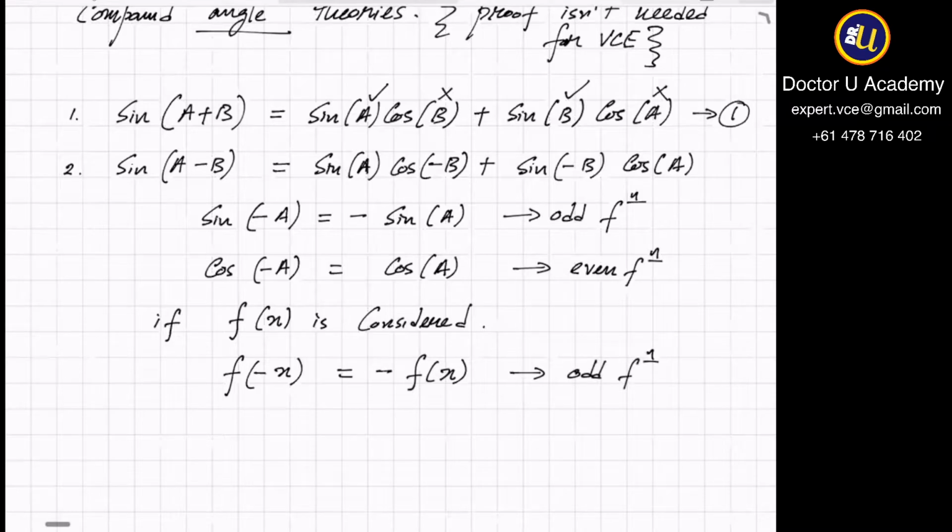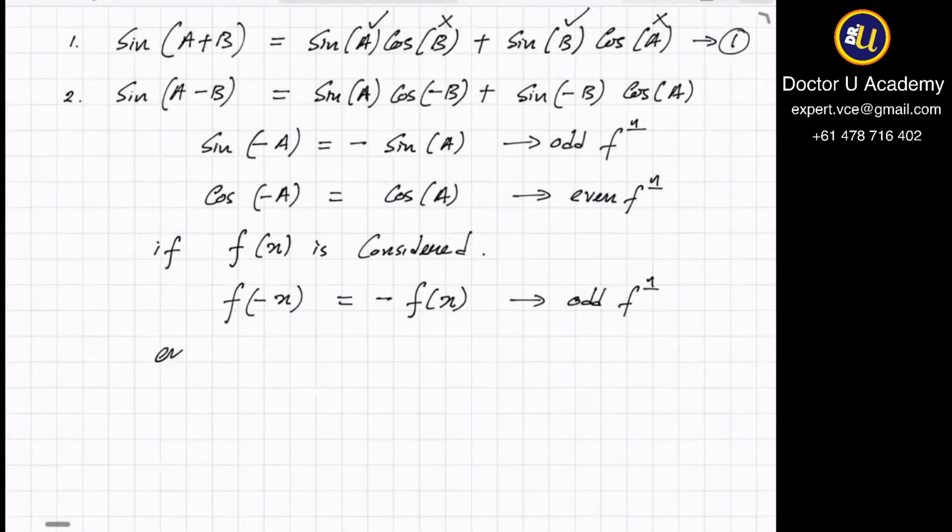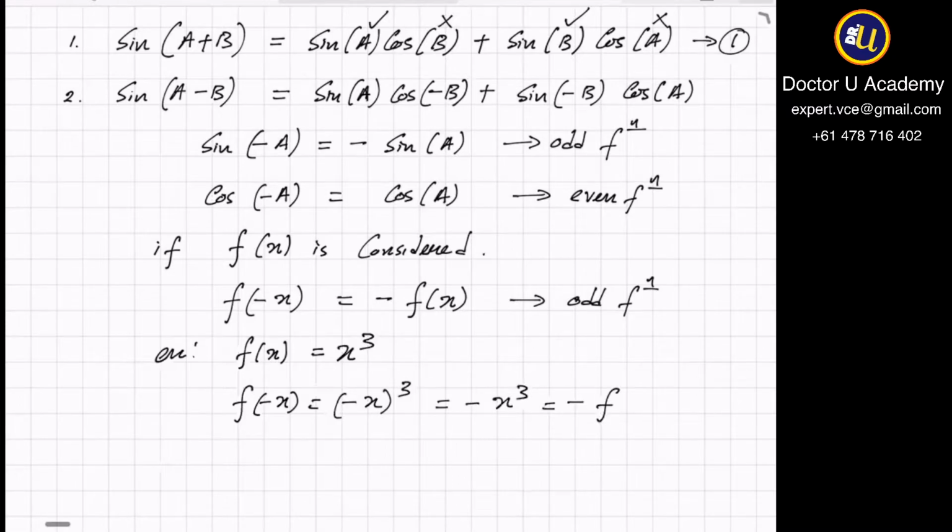Examples: suppose f(x) is equal to x to the power 3. What is f(minus x)? f(minus x) is minus x to the power 3, and that would be minus f(x). So this is an odd function.